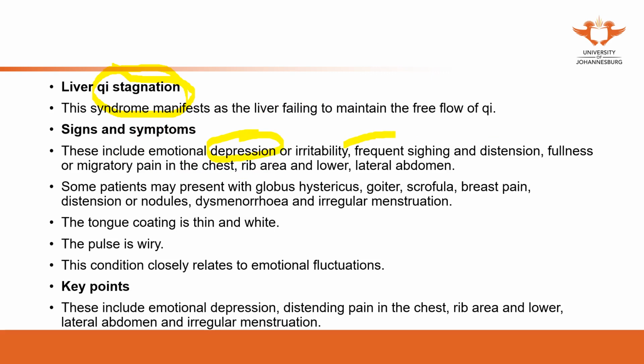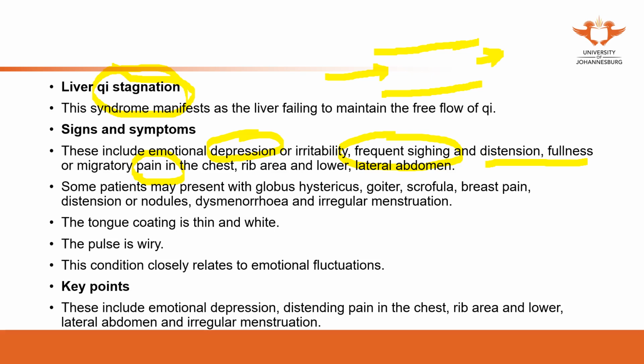Depression, frequent sighing. After sighing, they feel better. Distension and fullness, pain; the nature of the pain is distending pain, a feeling of fullness. The reason is that a pathway is supposed to let qi move smoothly, going in and out.